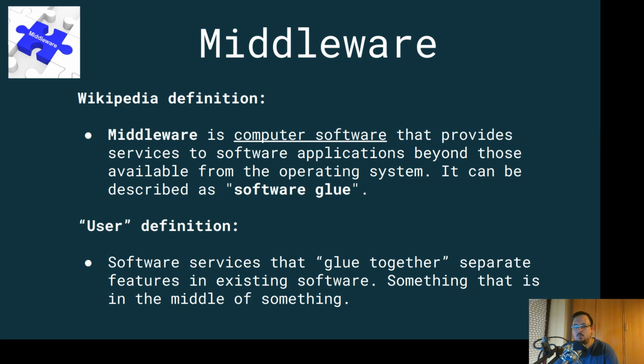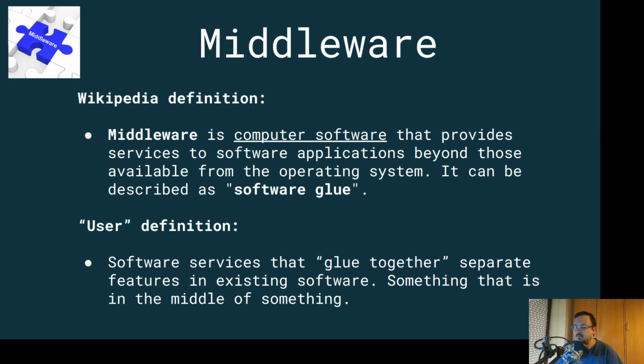If you go to Wikipedia, the definition is something like: middleware is computer software that provides services to software applications beyond those available from the operating system. It can be described as software glue.